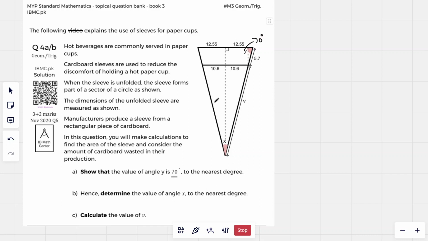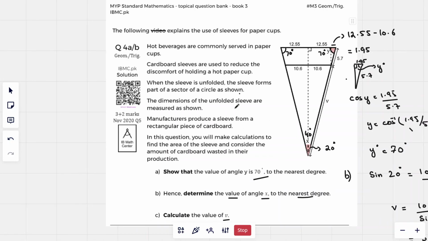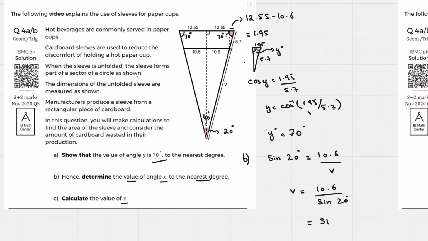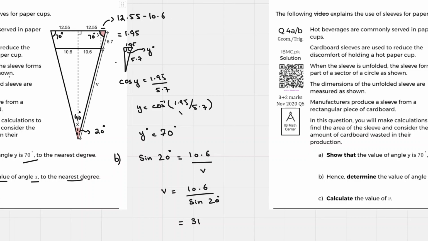The answer to part B, the value of X is 40 degrees, and the value of V, which is part C, is 31 units. For those who would like to look at the solution, feel free to pause your screen here, and let's move to the explanation step.